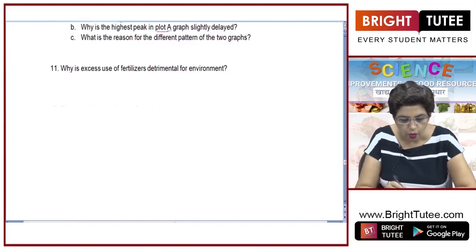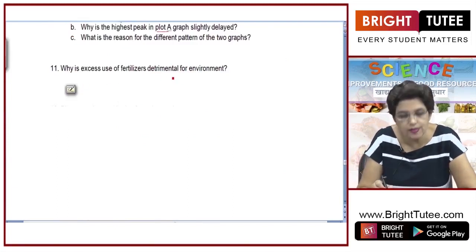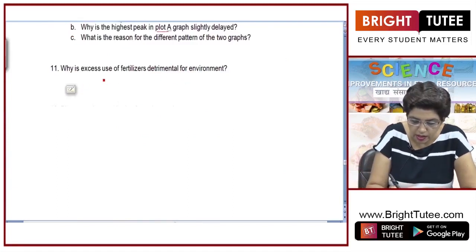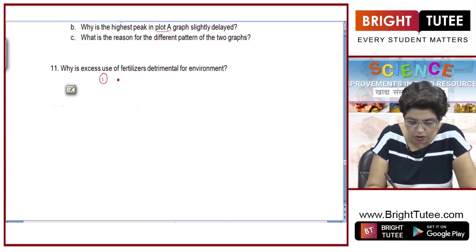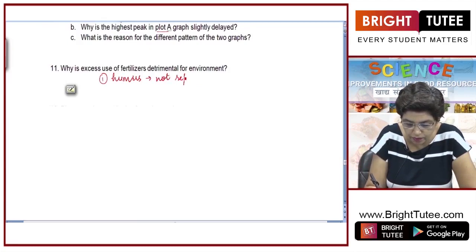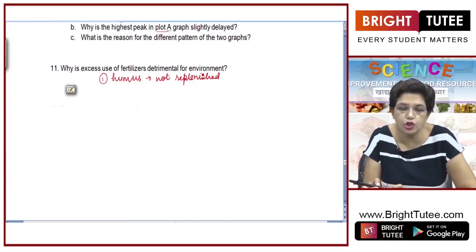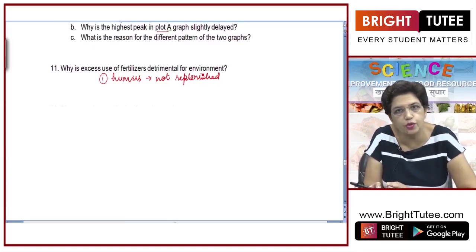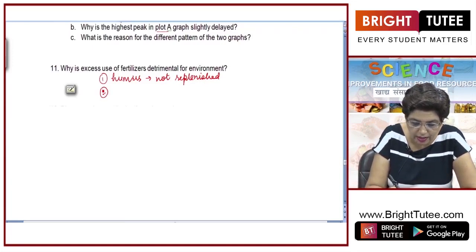Next question, why is excess use of fertilizers detrimental for the environment? I just told you in the previous question also, the first reason is that the humus or the organic matter of the soil is not replenished in the soil. So the texture or the quality of the soil will deteriorate over the years. Second, the growth of microorganisms is harmed.